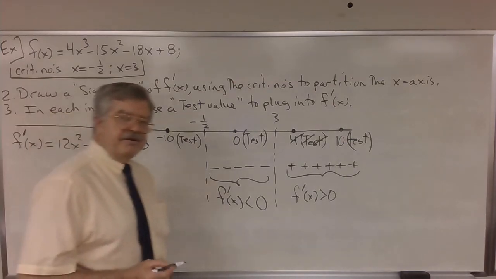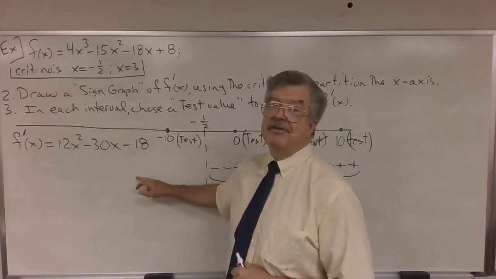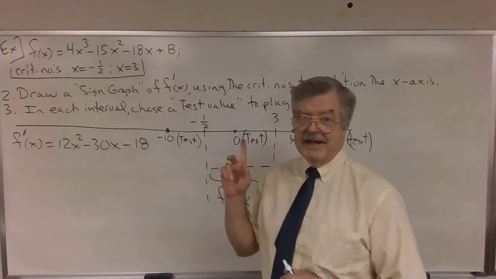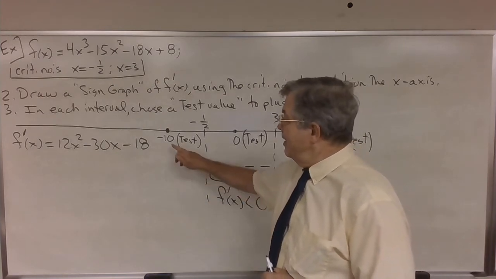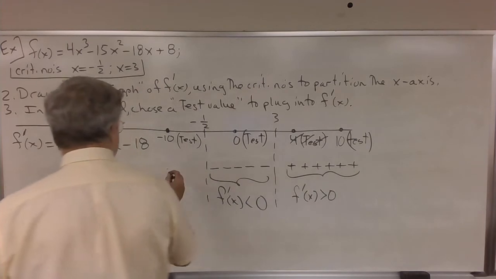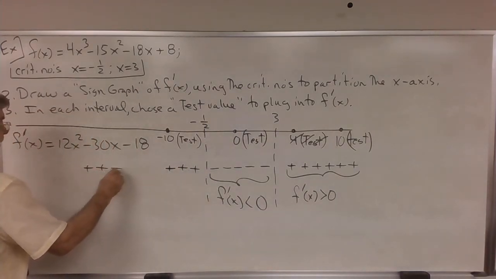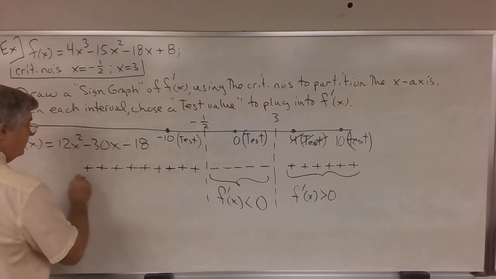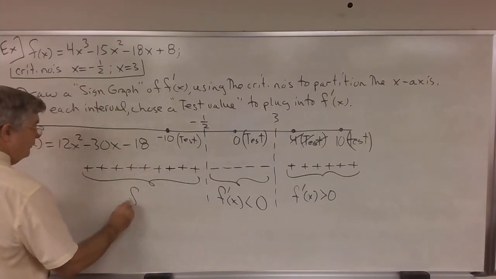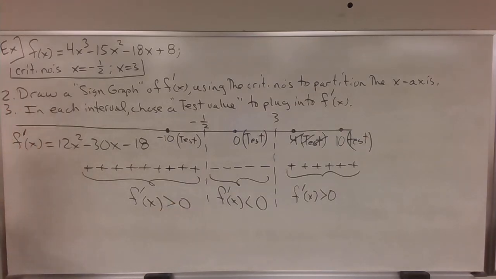Now the 1482 isn't all that important, but the fact that it's a positive 1482, that's what I want to take notice of. When x is negative 10, the derivative is positive, and that's the important thing. The sign plus or minus of the derivative. So I'm going to write underneath that f prime of x greater than 0. Oh man, we are rolling.